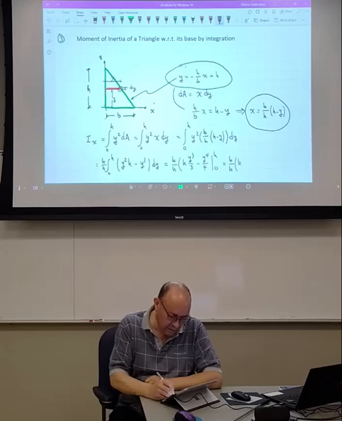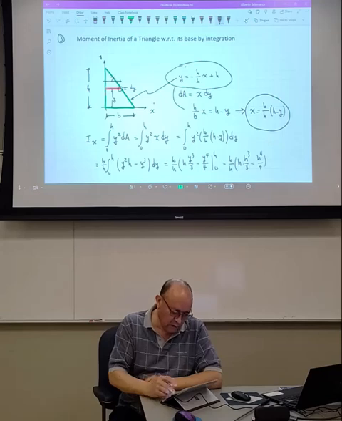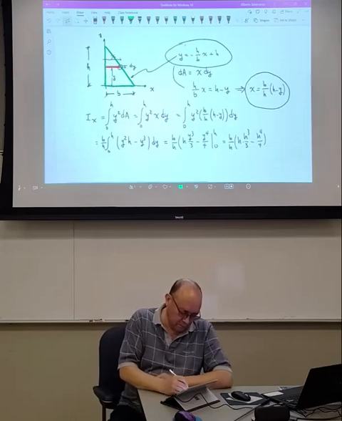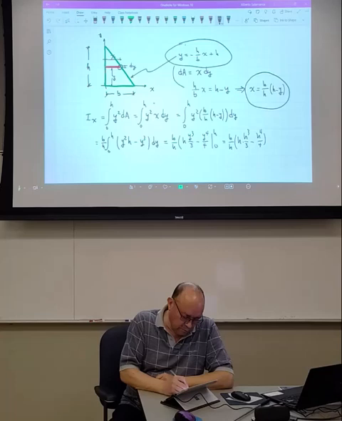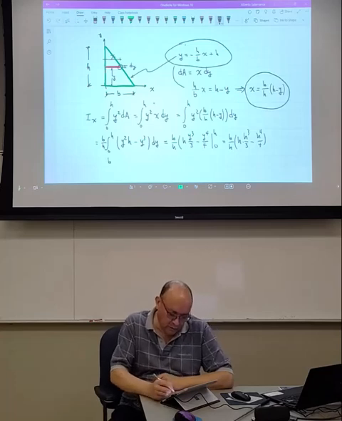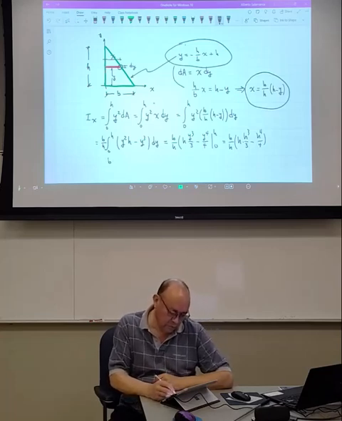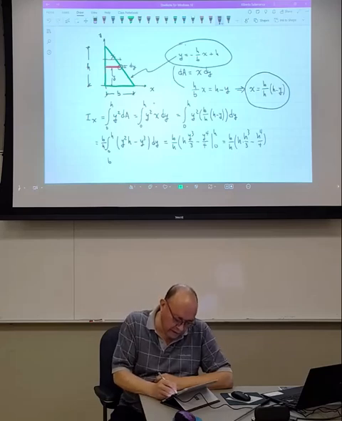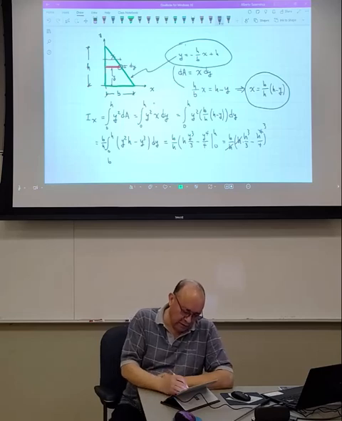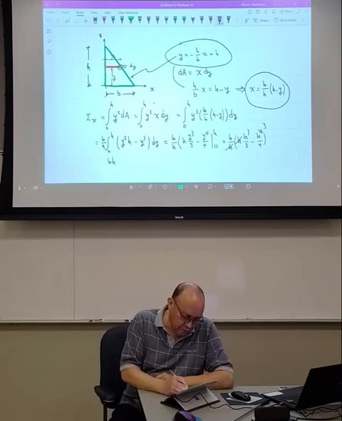So h times h cubed over 3 minus h to the 4 over 4. And then what do we get? I can cancel one h with one h, right? So I have b h cubed times (1 over 3 minus 1 over 4).